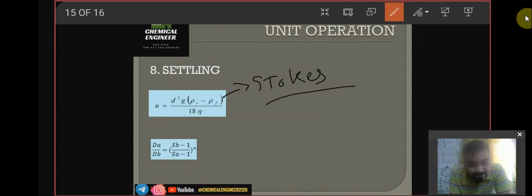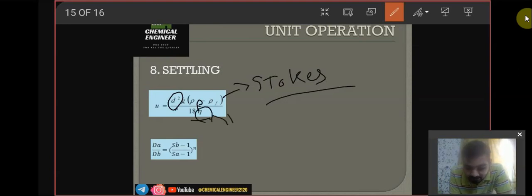So the direct equation of settling is d square into g into (rho p minus rho f), that is particle density minus fluid density, divided by 18 into eta. Eta is nothing but viscosity.